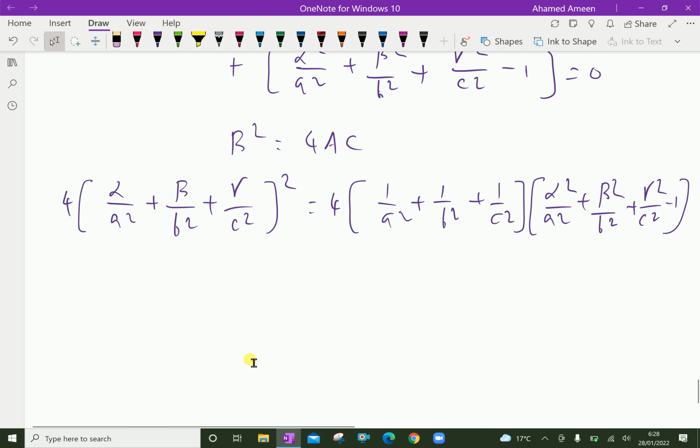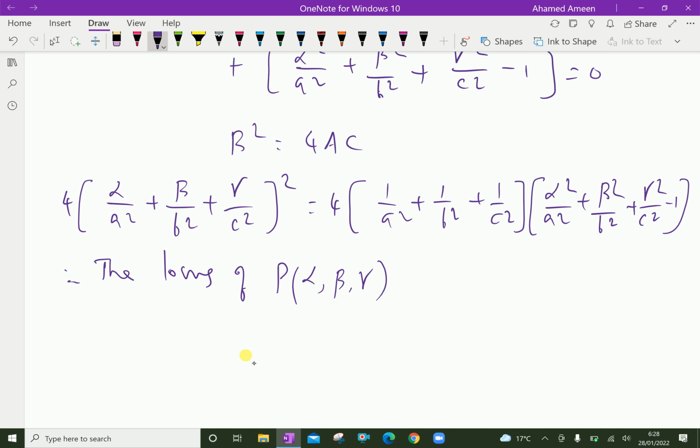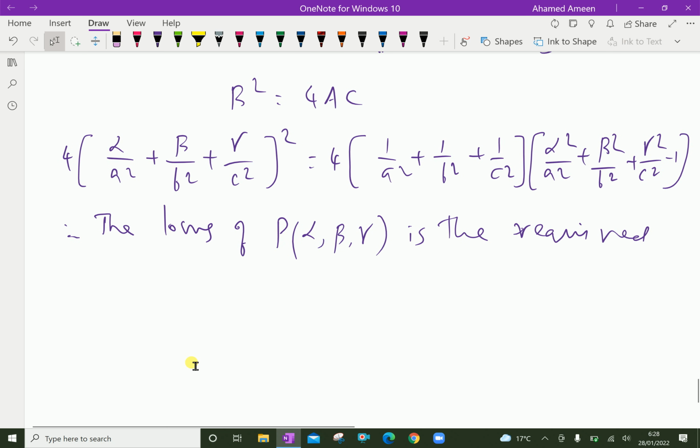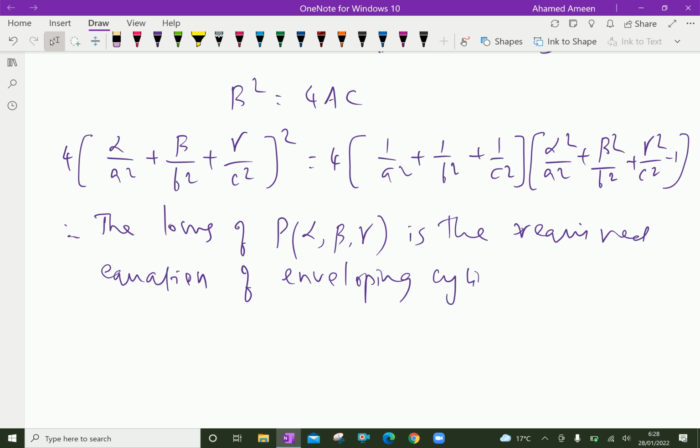The locus of P of alpha, beta, gamma is the required equation of the enveloping cylinder.